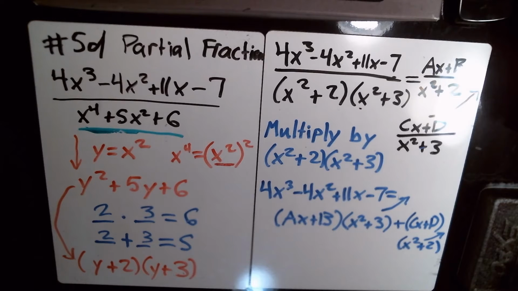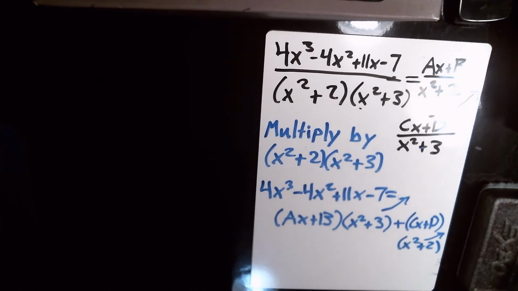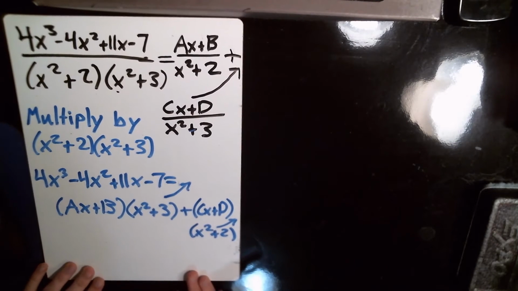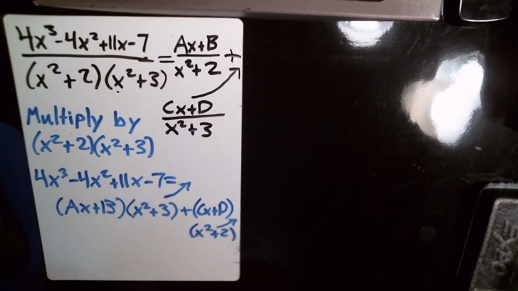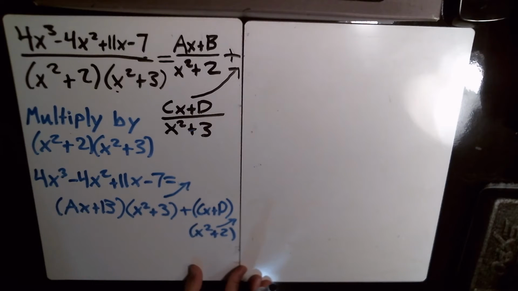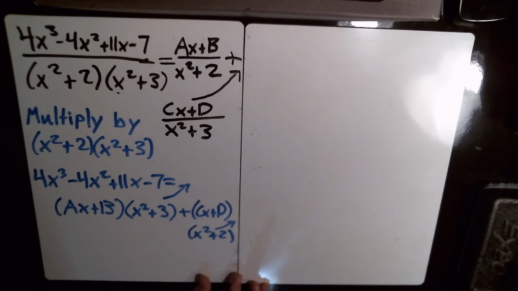Okay? And now this is where we want to start solving for a, b, c, and d. Now the book usually does it a little bit differently from me, and I think the answer key does too. But what I like to do is I just plug in numbers for x and then try and find other stuff.